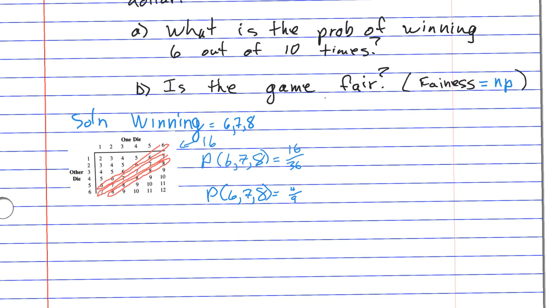And so that means our P in our original equation, remember, P of x is equal to the following: N choose x, P to the x, Q to the n minus x. So we've got 4/9 is our probability, right? Now that we have that, our Q value is the complement. So Q is equal to 5/9.